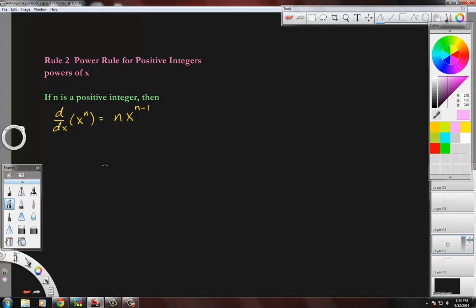So if you have something like x to the 5th power, and I ask you to find the derivative, well, instead of using f of x plus h, you can just apply this now where n is 5, so that's the n right there. This is called the power rule. And according to this, if we substituted the 5 in for the n's, it would look like this. And believe it or not, that turns into 5x to the 4th.